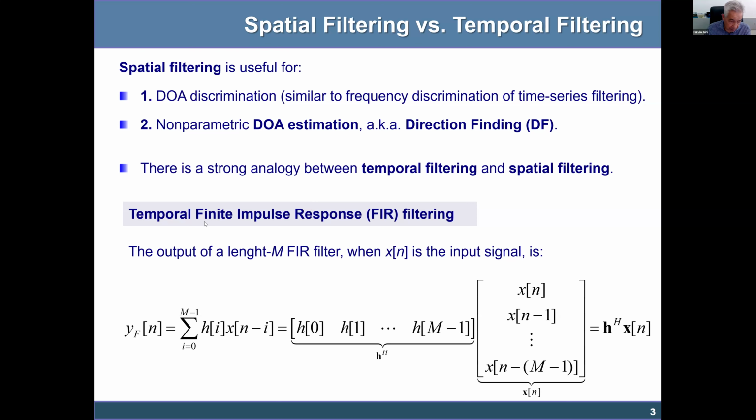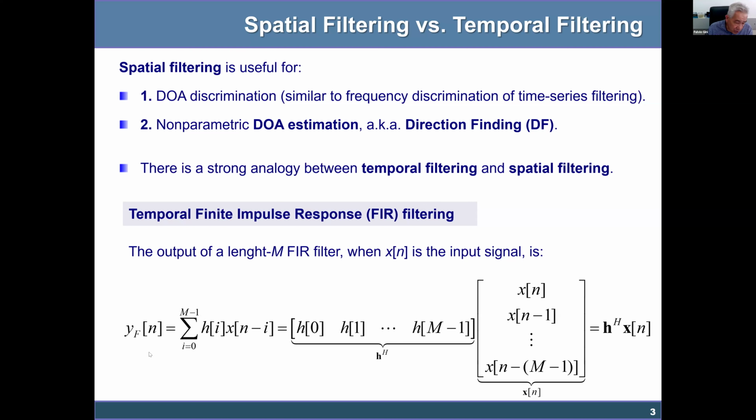FIR is the acronym for finite impulse response. So the output is the linear convolution between the input signal x and the impulse response of the filter h. If the filter is FIR, the summation goes from 0 to m minus 1, if m is the number of non-zero values of the impulse response.